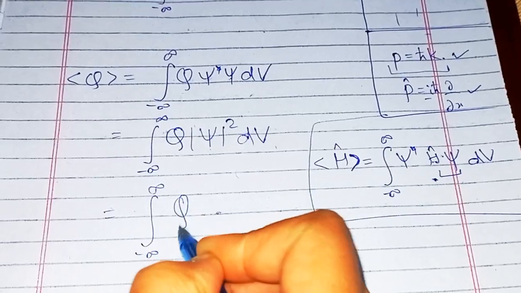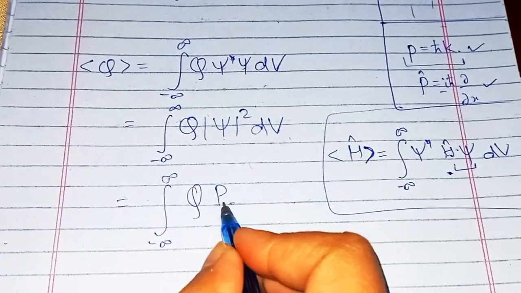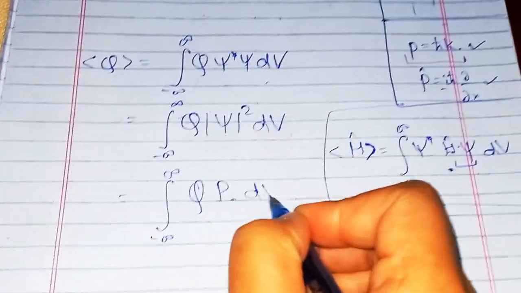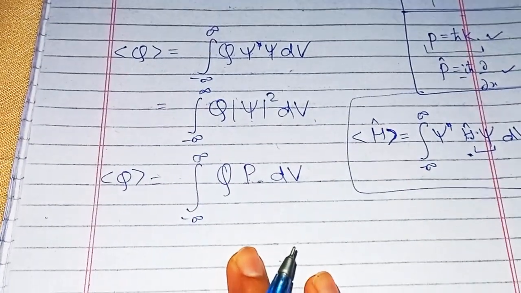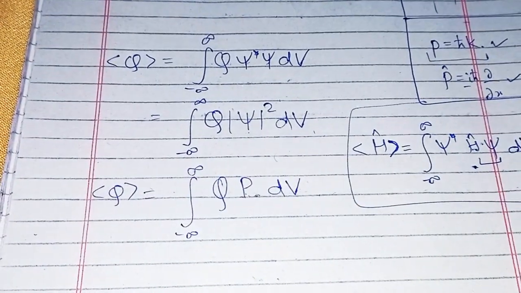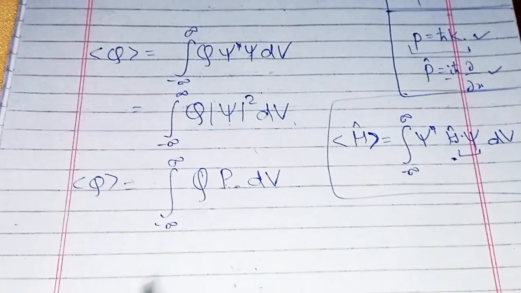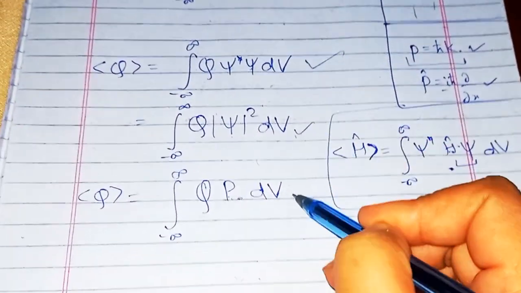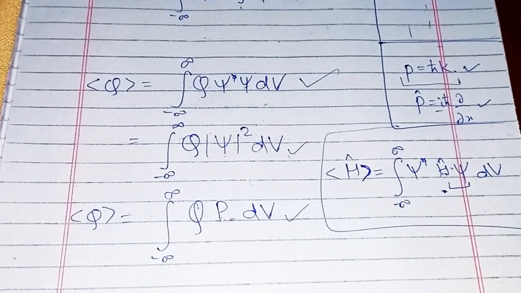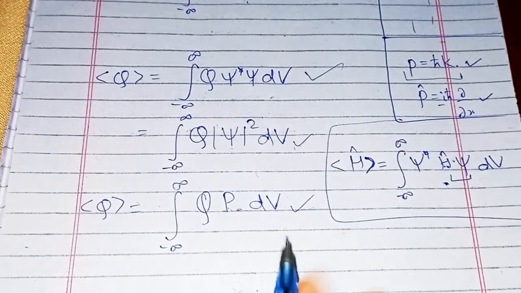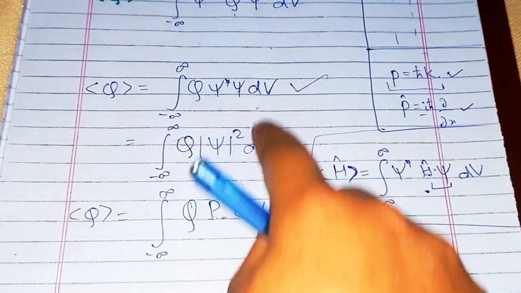We call it probability density in quantum mechanics, so we replace it with the p symbol dV. That's also a formula when Q is the observable, not an operator. So these are the forms that this formula can take and can appear in front of you, and you should know that they're all the same.